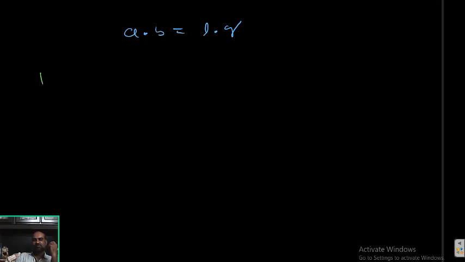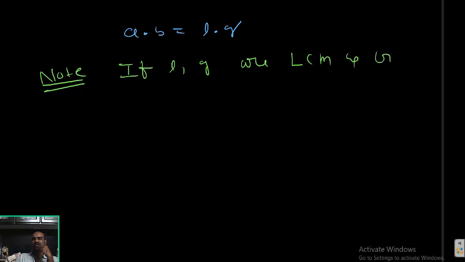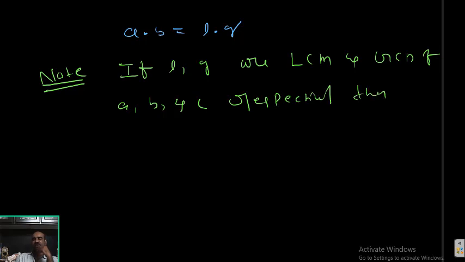But an important note: this theorem is applicable only for two numbers. What is the meaning of that? If L and G are the LCM and GCD of A, B and C respectively, then A into B into C equals L into G is a wrong conclusion.